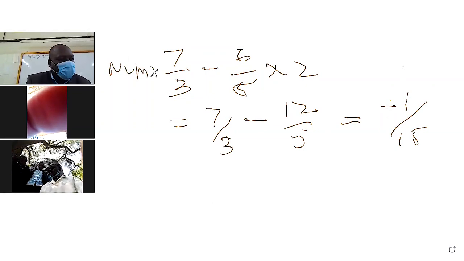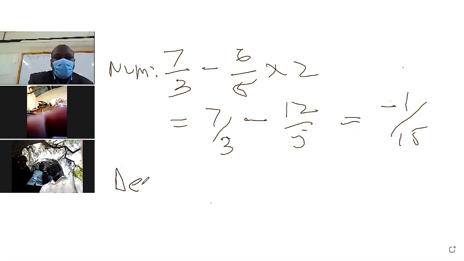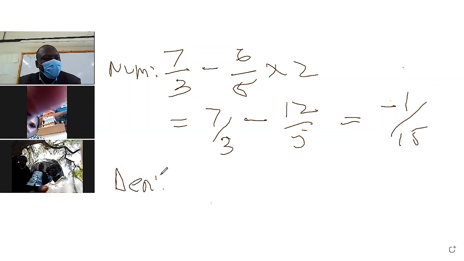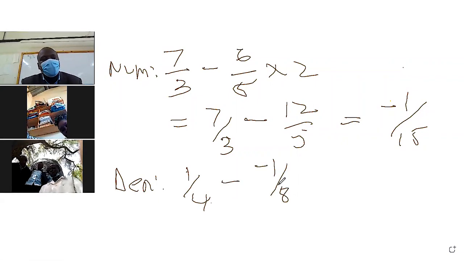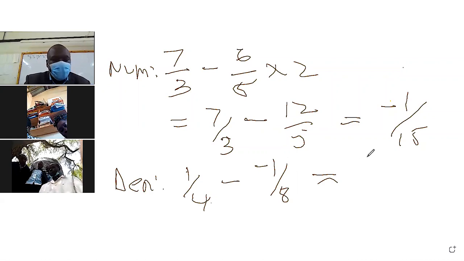Then you can work on the denominator. Again you follow BODMAS, whereby you work out what is in the brackets. So this simplifies first to 1/4 minus -1/8, because of -1/2 cubed, which ends up giving us 3/8.